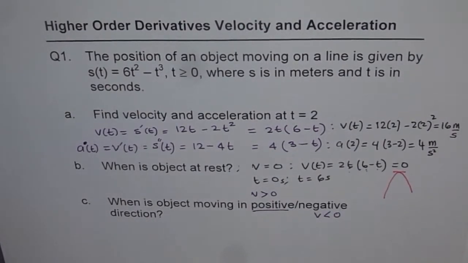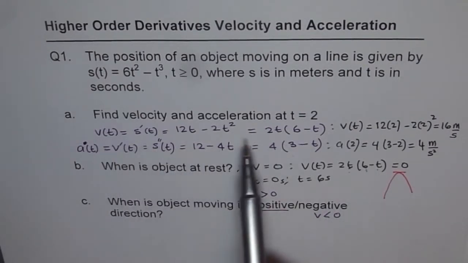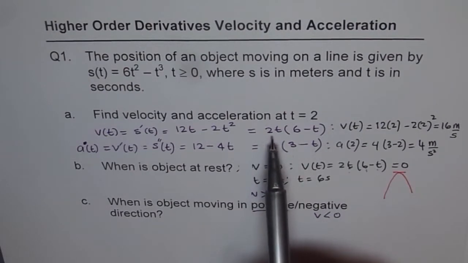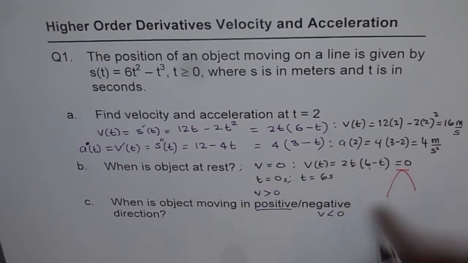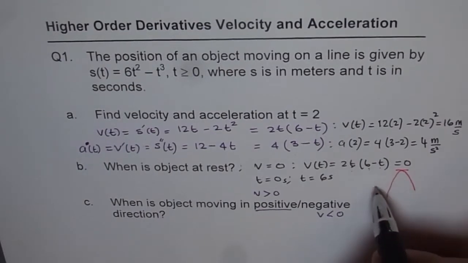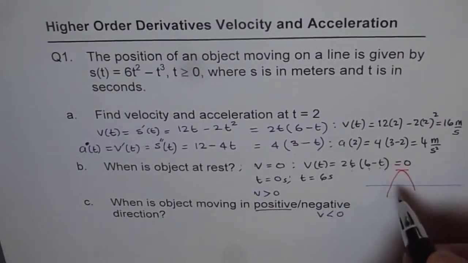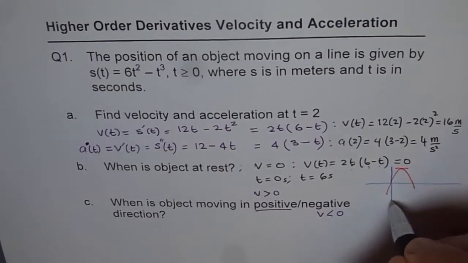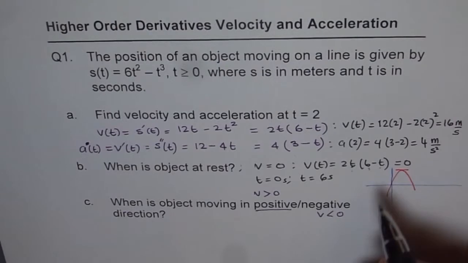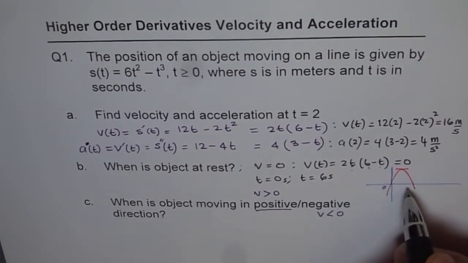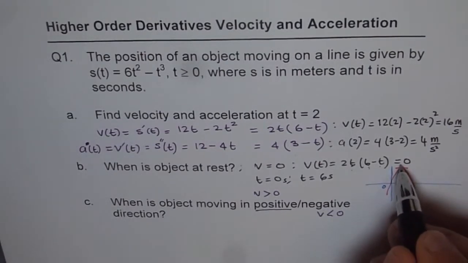For that, it will be good if we sketch our velocity curve, which is 2t times (6 minus t). As we saw here, it has 2 zeros. So let me sketch this curve here. One zero is at 0 itself, and the other one we found was at 6.